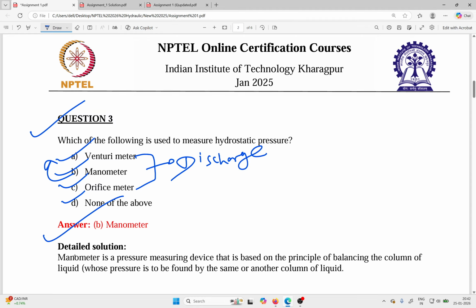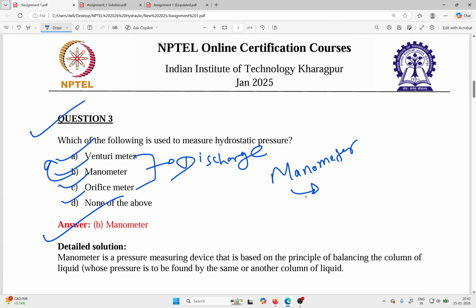Option B is correct. The manometer is a pressure measuring device that is based on the principle of balancing the column of liquid. What is the principle of manometer? Let me just write here.